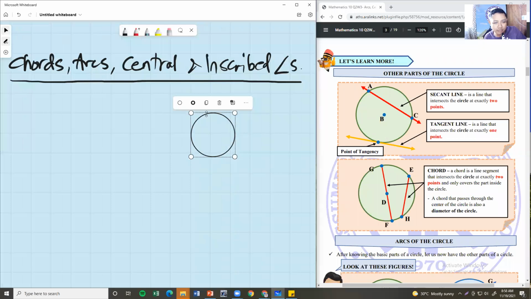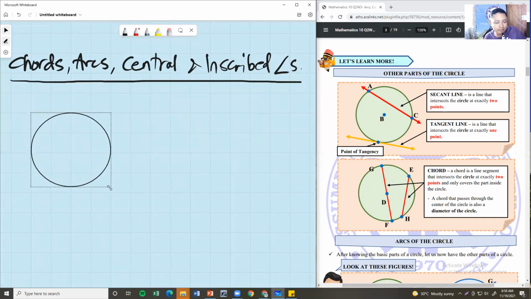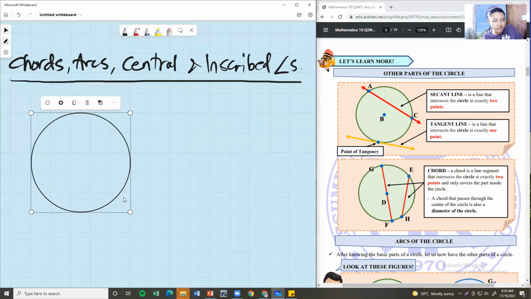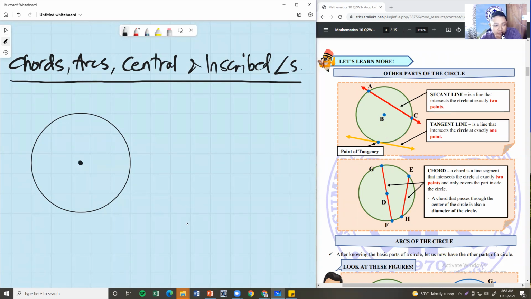So let's get to know circles now. What do you call this of the circle? You know this already. We had a discussion of this before. What's this part of the circle? Type it in the chat box, please. What is this part of the circle?